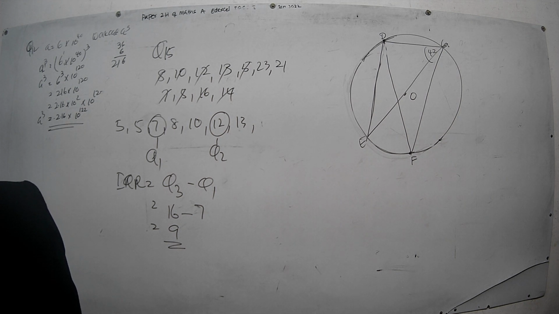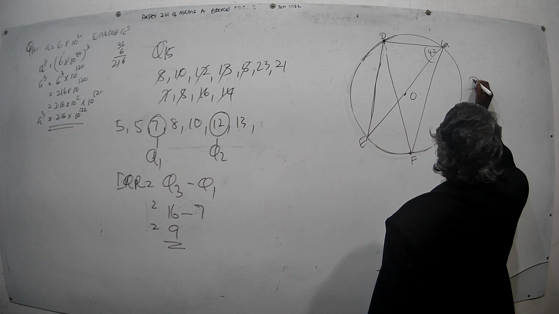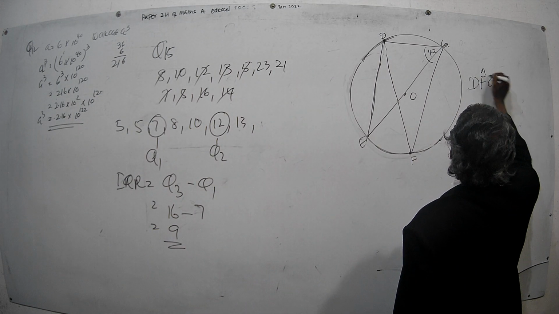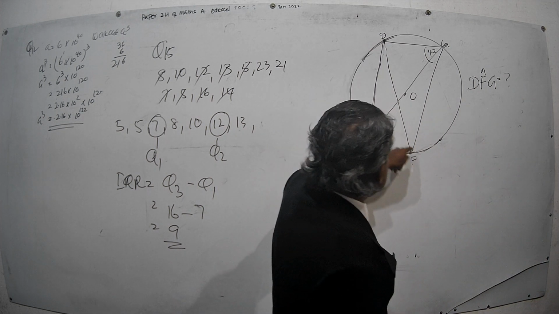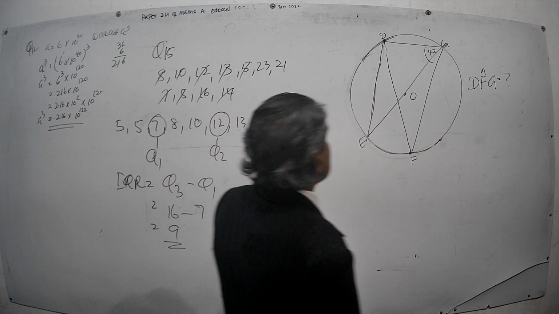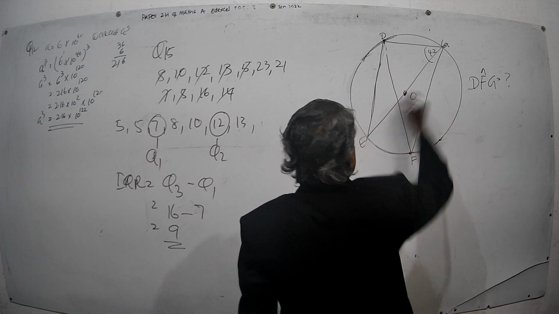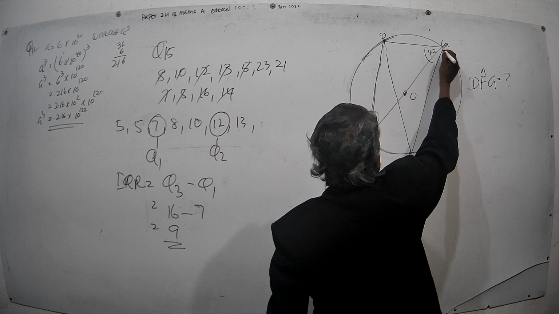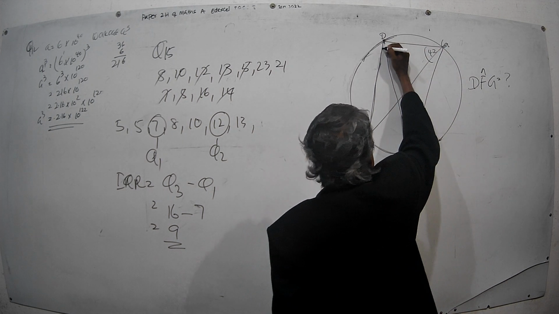The size of angle DFG is asked. DFG means this one. Now take this: EOG is a diameter passing through the center. Therefore, the angle obtained on the circle by the diameter is 90 degrees here.